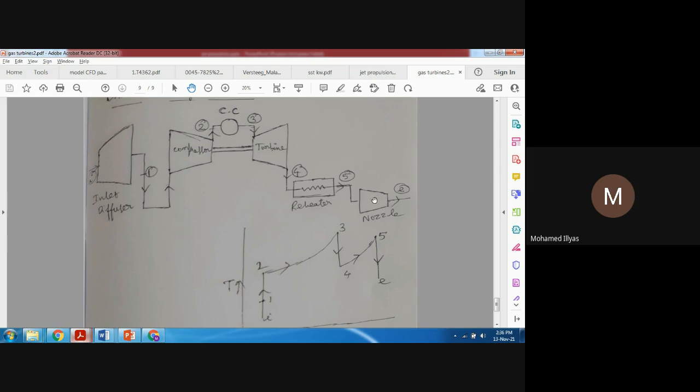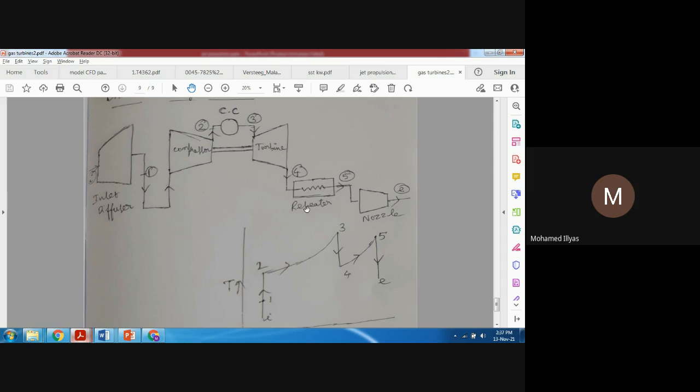Some heat loss in the turbine is due to the expansion, correct? From the expansion of heat energy we obtain the shaft power output.